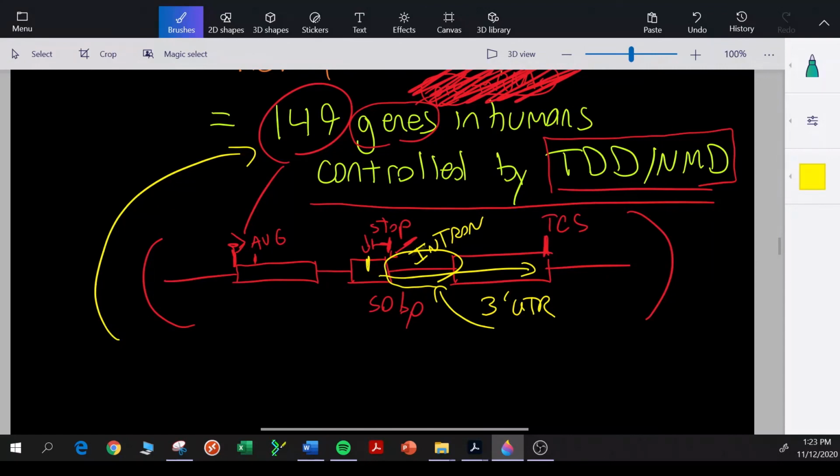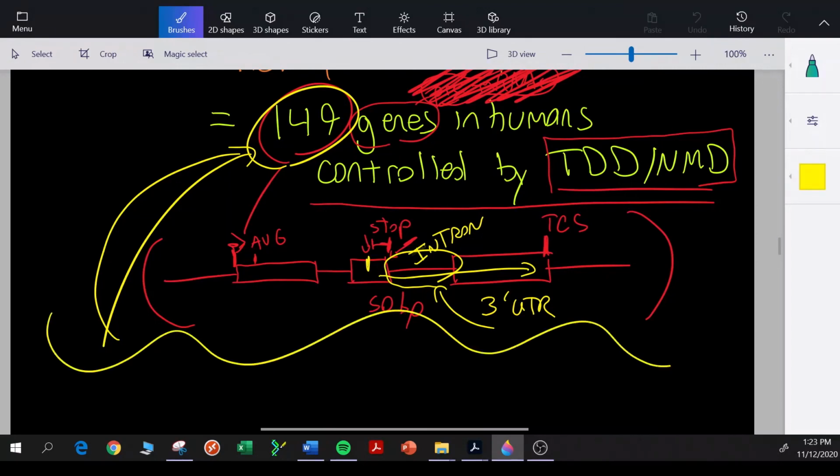But it seems reasonable that at least some of these, if not most, will be degraded by nonsense-mediated decay after they're translated one time. So that's it for this video on nonsense-mediated decay.